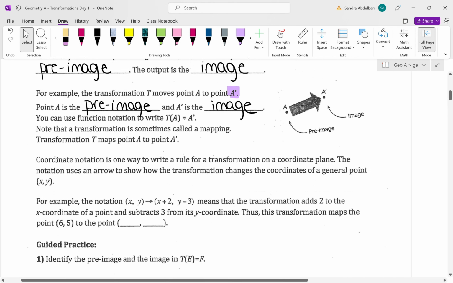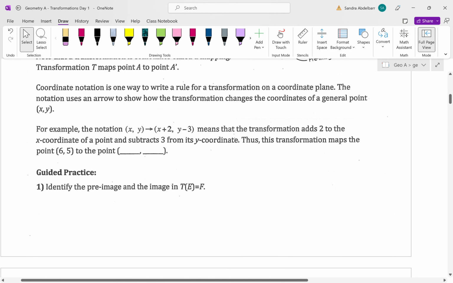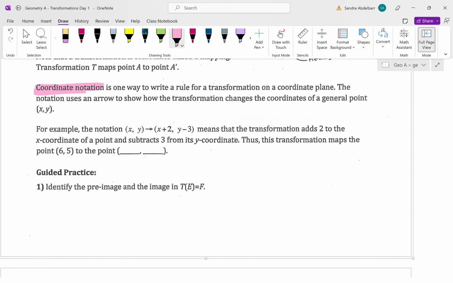So transformation T maps point A to point A prime. All right, so there are two different kinds of notation when we're talking about transformations. There's something called coordinate notation, and coordinate notation uses parentheses. Look down here where I'm highlighting in pink.